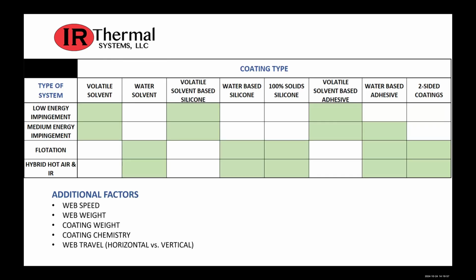Now, this is just a quick reference graph of some of the most common applications. I made this up as a speaking point years ago. Every year I do jobs that deviate from this, but in general, this works pretty well when I'm looking at a new incoming system with a water-based silicone or a water-based adhesive.